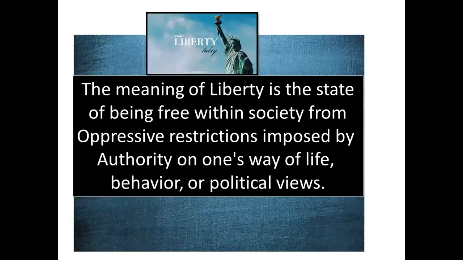And liberty means the state of being free within society from oppressive restrictions imposed by authority on one's way of life, behavior, and political views. That means we should not have any kind of restrictions like in olden times, or like in African countries, where we read that black people were not allowed to roam freely wherever they liked.